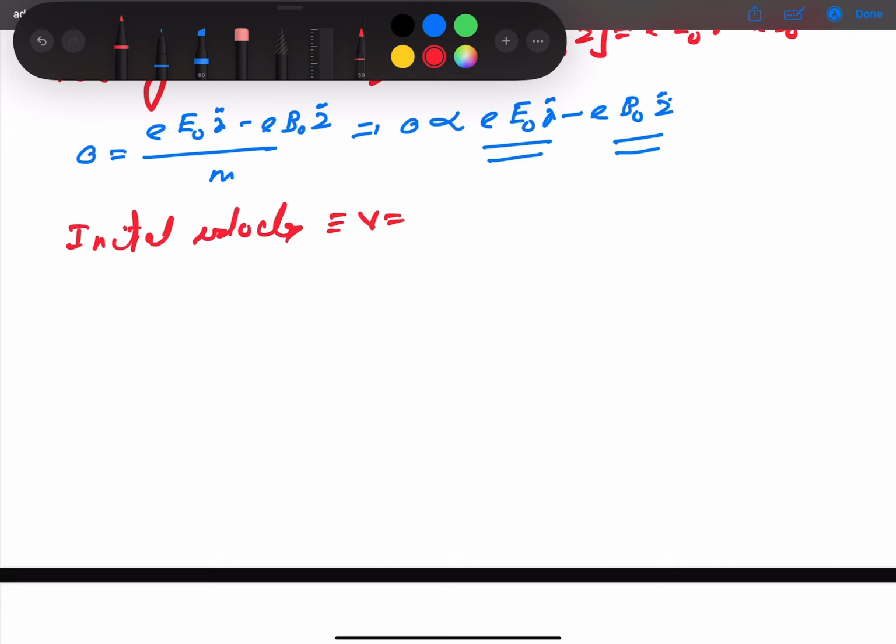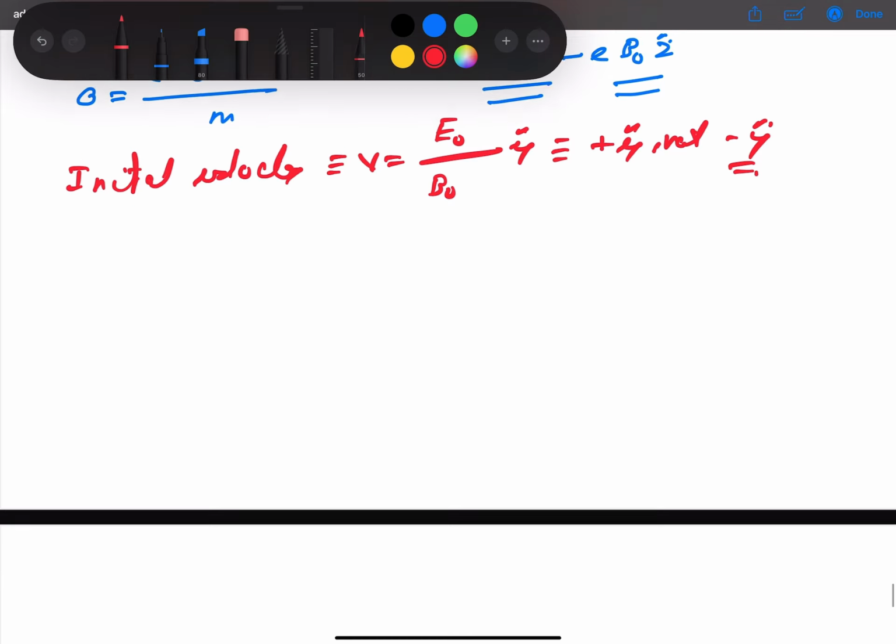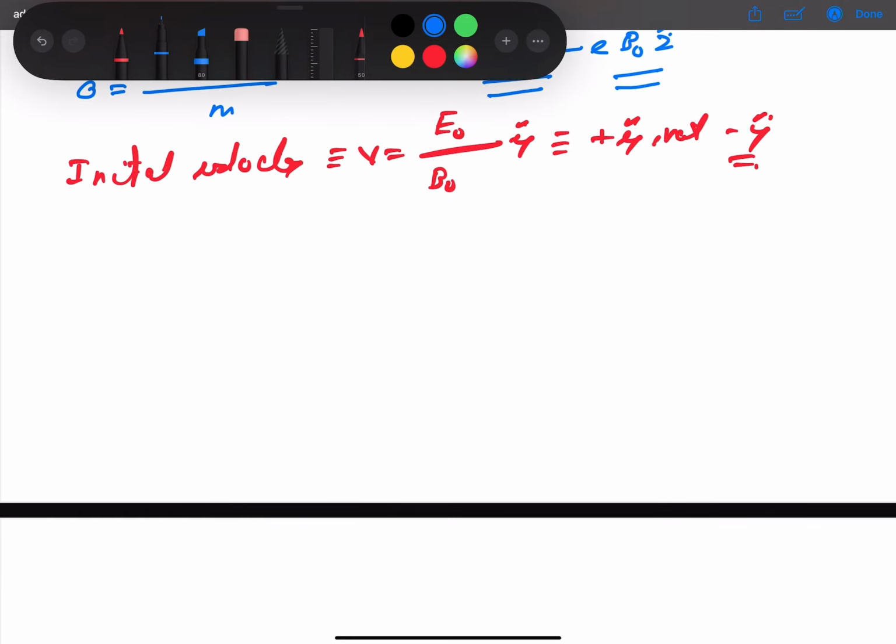And the initial velocity V is given as E naught B naught Y unit vector. So obviously that is along plus Y and not minus Y. This option is also incorrect.